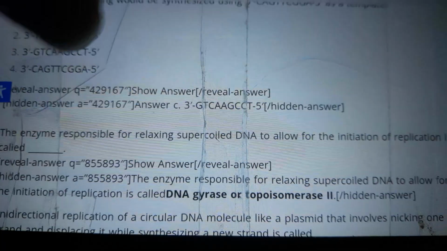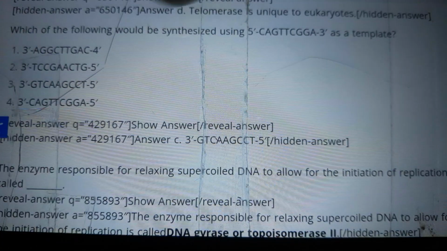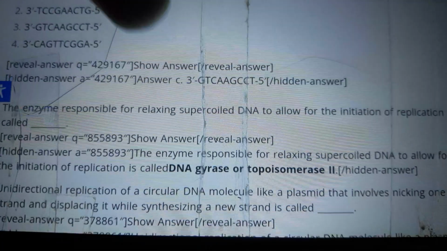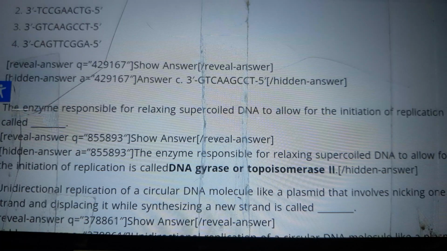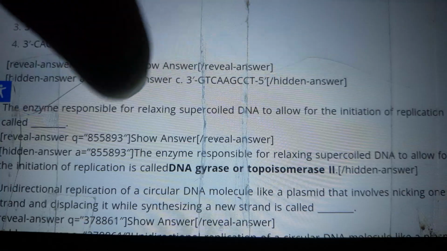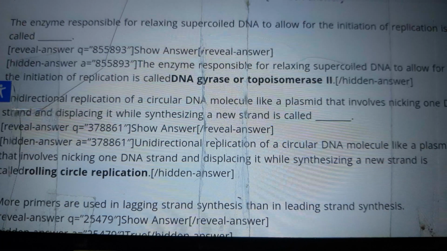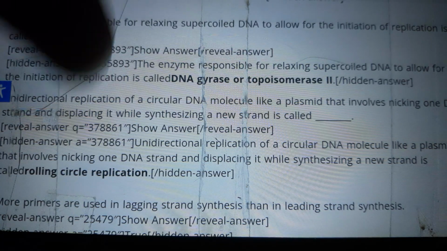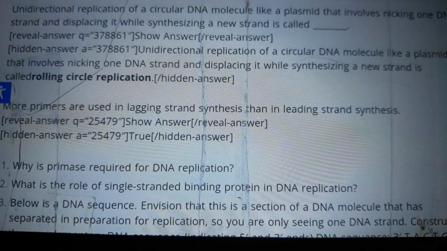And which of the following would be synthesized using this sequence as a template? It is 3 prime. We'll have to check that. The enzyme responsible for relaxing supercoiled DNA to allow the initiation of replication is called DNA gyrase or topoisomerase. They unwind, right?